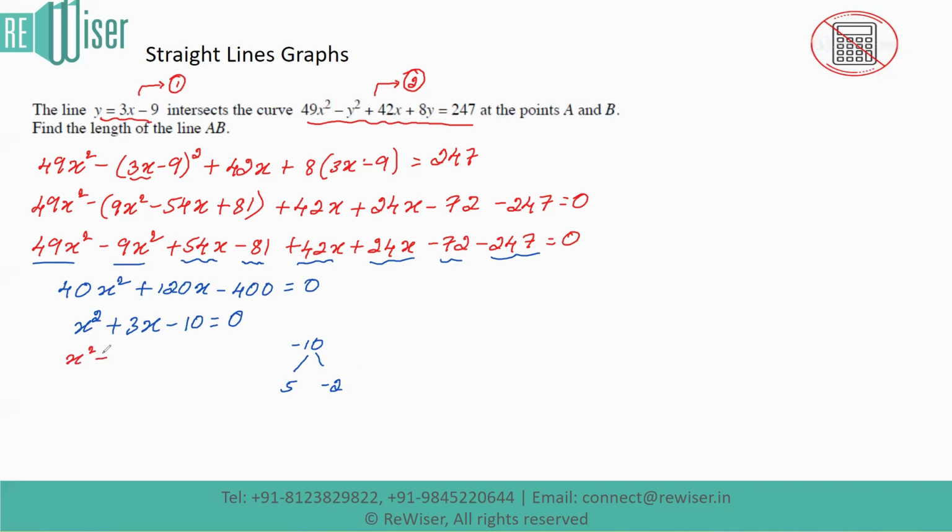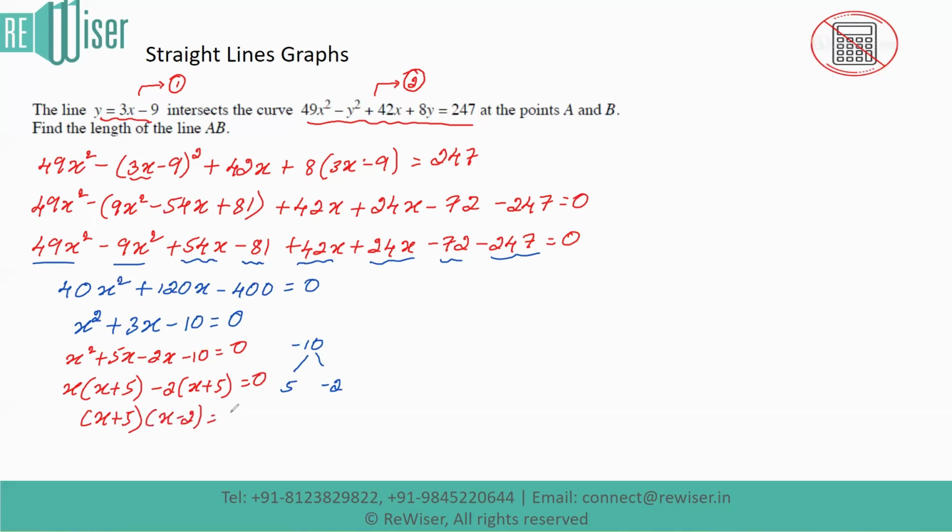So this is x squared plus 5x minus 2x minus 10 equals 0. Factorizing, x times (x plus 5) and minus 2 times (x plus 5), which can also be written as (x plus 5) times (x minus 2).